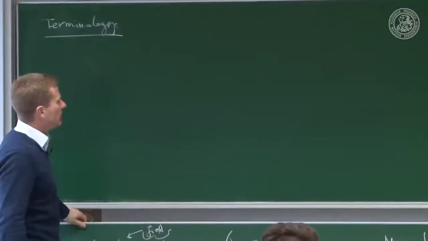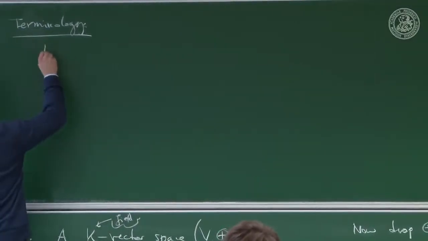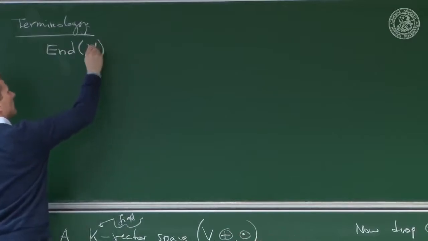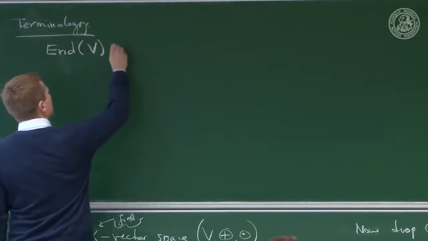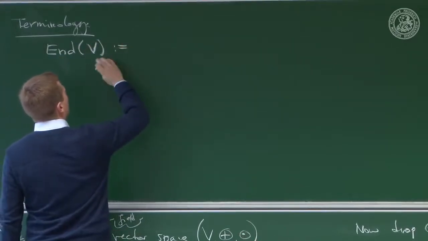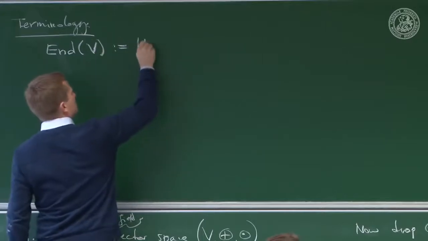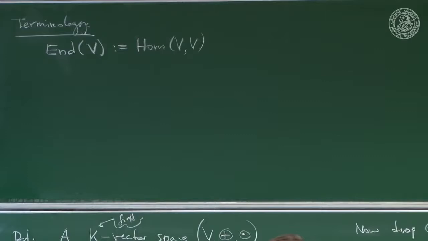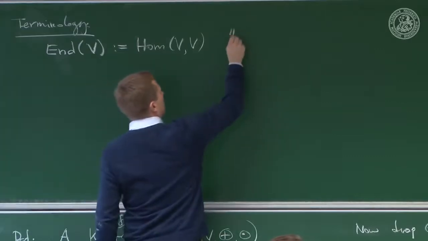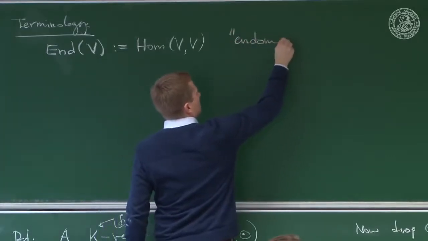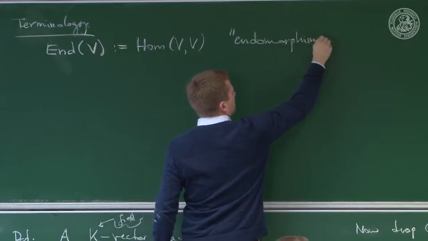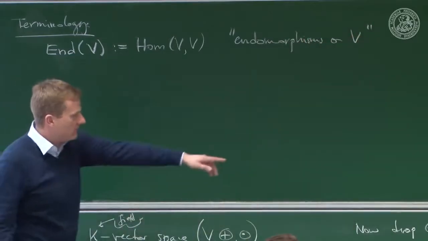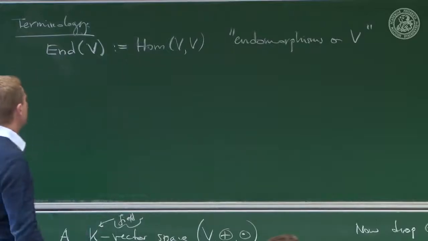Okay, so there's some terminology. As it is with terminology, it can be terribly confusing if you don't know it, and once you know it, it's trivial. So let's make it trivial. We talk about the endomorphisms over a vector space. That's the linear maps from V into itself. So these are the endomorphisms on V. Before, the Hom VW were the homomorphisms.